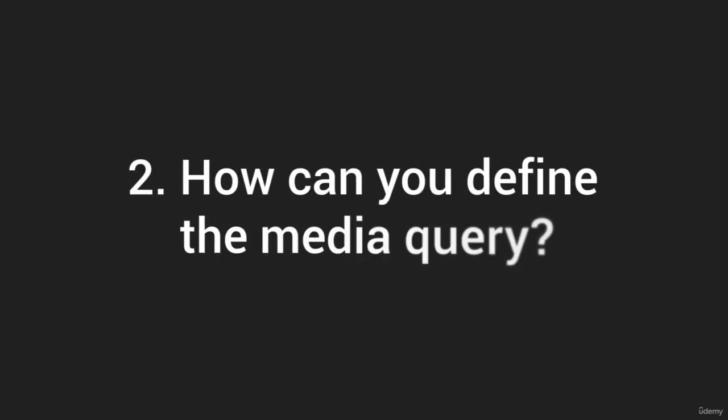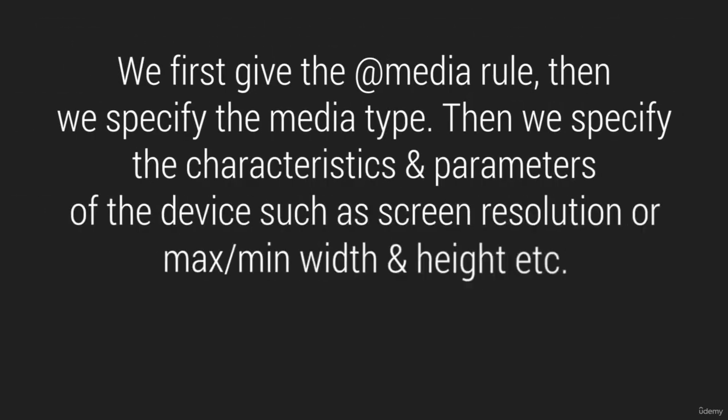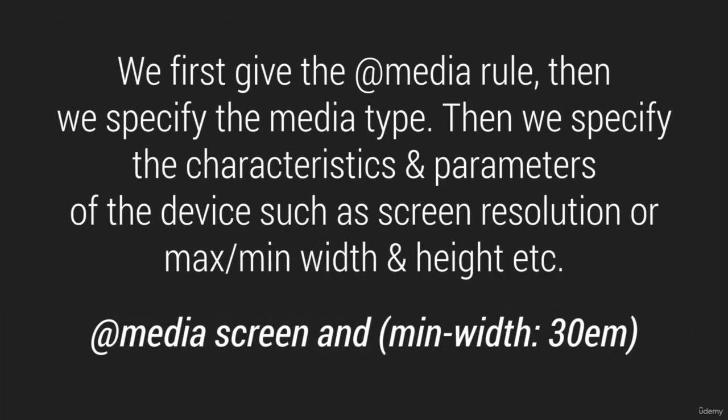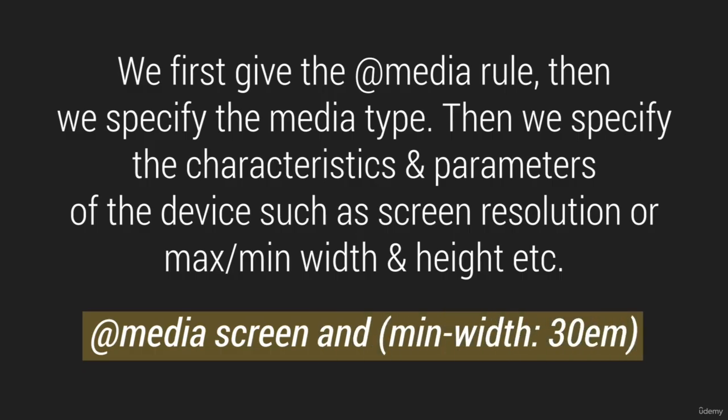The second question is, how can you define a media query? As we saw in the syntax explanation, we first give the @media rule, then we specify the media type, that is screen or print, etc. And then we specify the characteristics and parameters of the device, such as screen resolution or max and min width and height, etc.